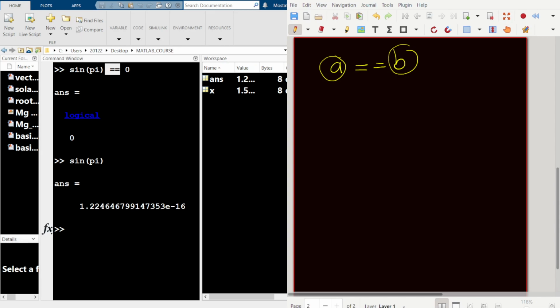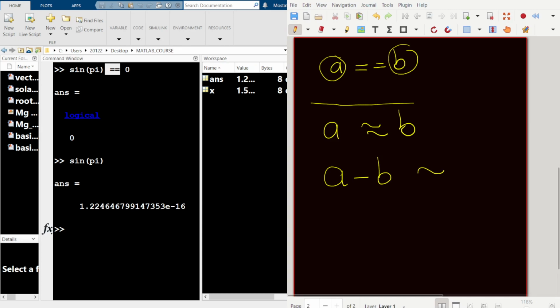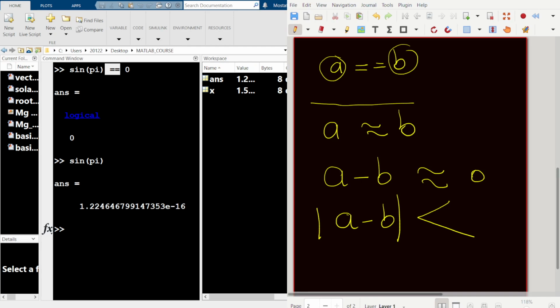Because of this, let's abandon programming for a second and do some math. I'm trying to check whether A is approximately equal to B, and it's approximately equal because of round off. That, in a sense, means I'm trying to check whether A minus B approximately equals 0. Now, I can do this by checking whether the absolute value of A minus B is less than some small number close to 0.